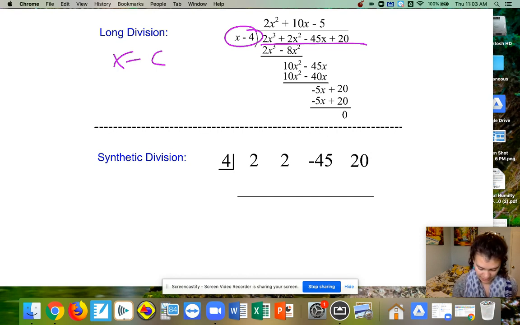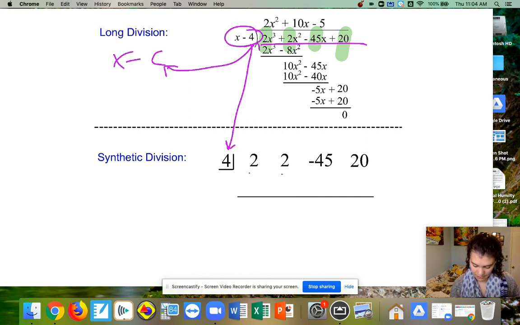The c here is going to be 4, so it's always opposite what it is. So if you have x minus 4, your c is 4. If you have x plus 4, your c is negative 4. Because the formula is x minus c, you want the opposite. What you do then is you take this 4 and put it in a little box, and then you take each of the coefficients, so the 2, the 2, the negative 45, and the 20, and write them in a row at the top like this.